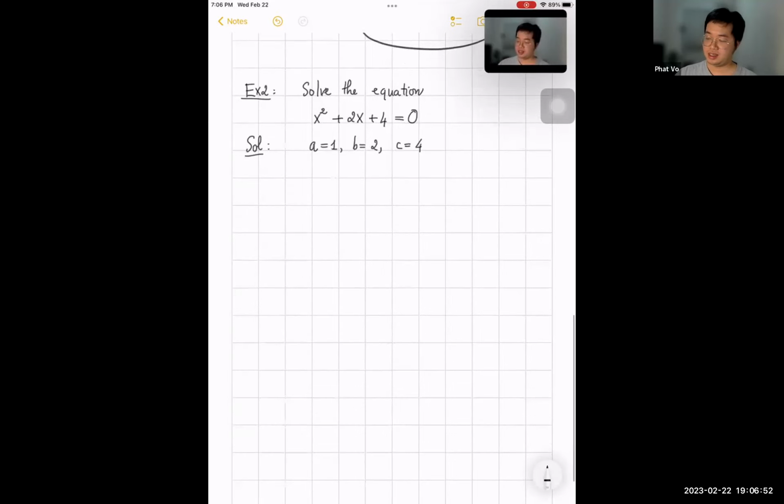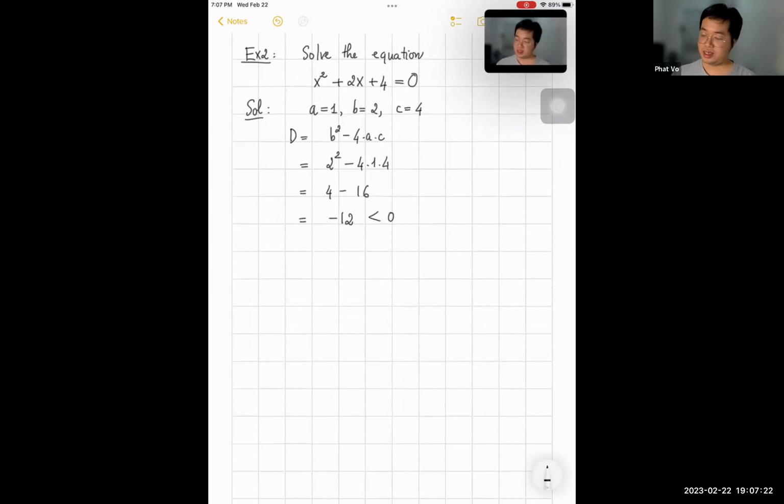Okay, so the discriminant now is B squared minus 4 times A times C. Now we replace B by 2: B squared is 2 squared minus 4 times A, here 1, times C, here 4. Okay, so we have 4 minus 16, right? So we have negative 12. So is it less than 0?